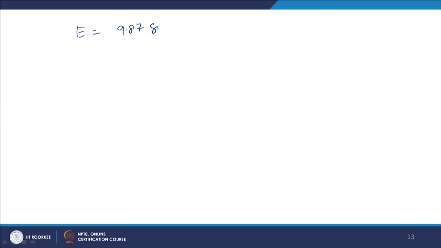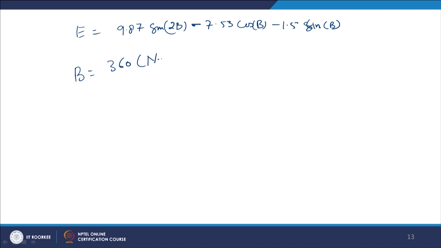E equals 9.87 sin 2B minus 7.53 cos B minus 1.5 sin B. This is the equation of time, where B is 360 times (n minus 81) divided by 365.